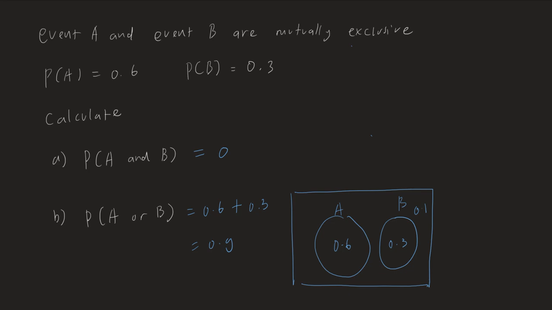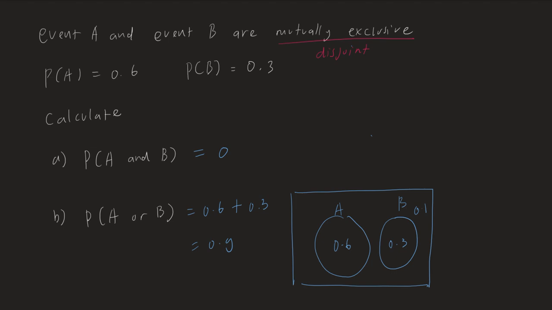And so how would they name it if they wanted it to intersect? Mutually exclusive means disjoint. But if you had to intersect them, then what would you say? That they are independent or dependent.